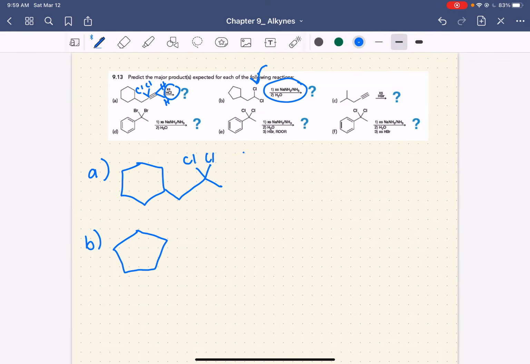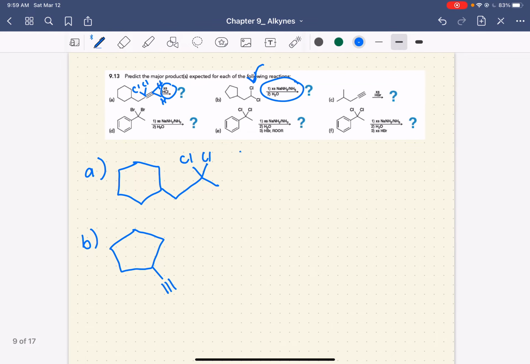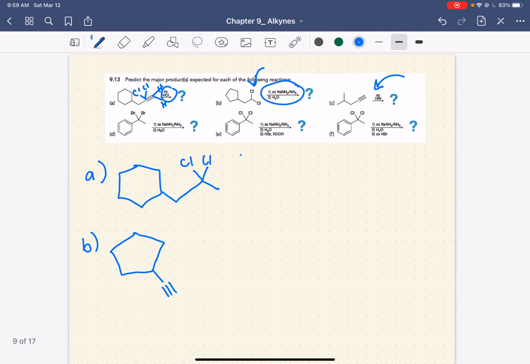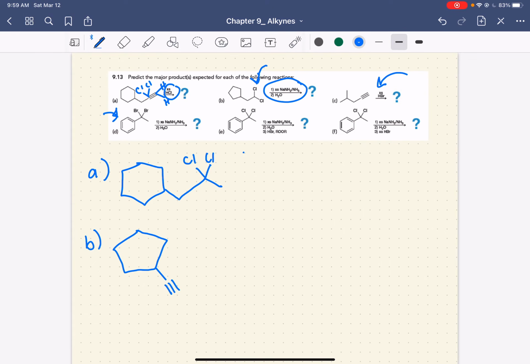What that means is our final product is going to look something like this. Fantastic. Now this one is similar to A, so I'm going to let you do C. And D is very similar to B.